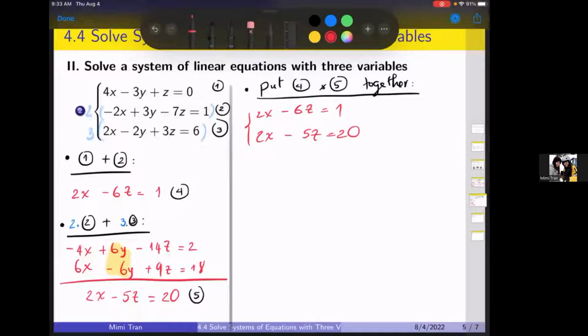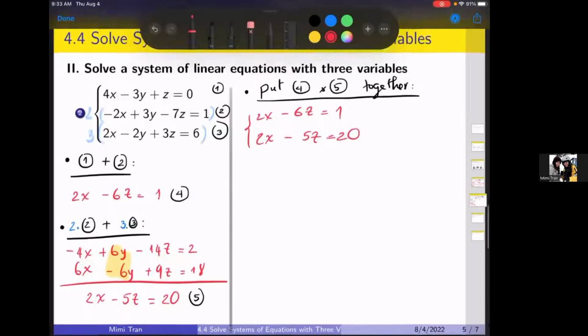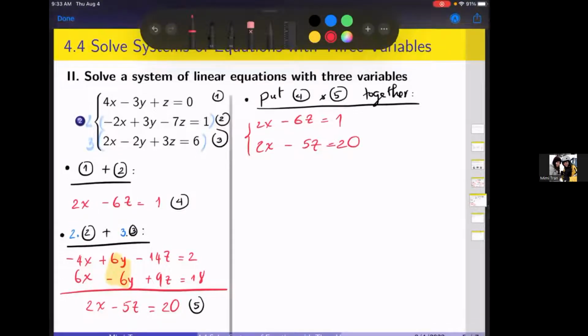Okay, something wrong here? I don't know. Did I do something wrong, guys? I meant to show you 3 cases: one solution, no solution, and infinitely many solutions. But it looks like we have a solution.